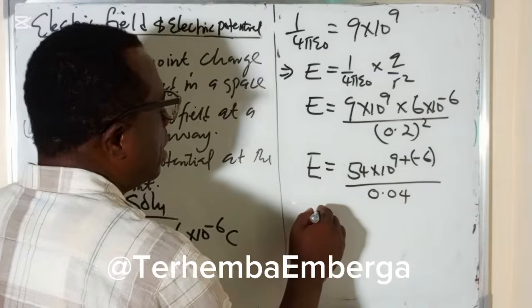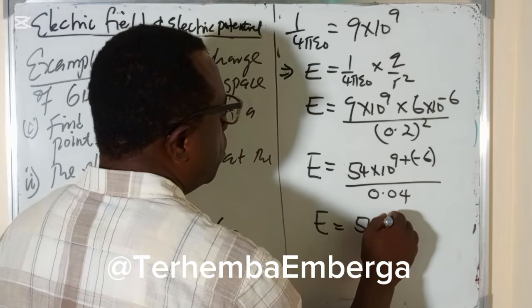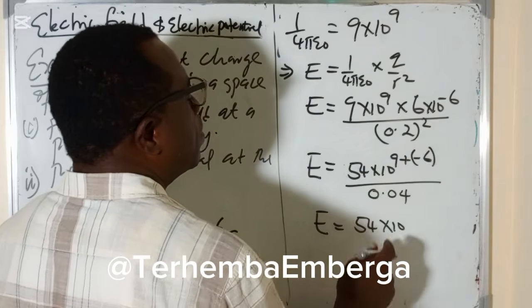So we can write this as E equal to 54 times 10 raised to power 9 minus 6.